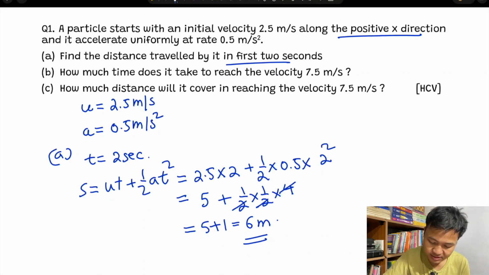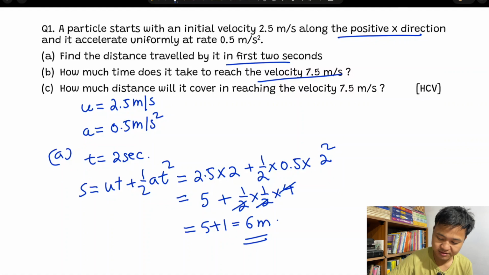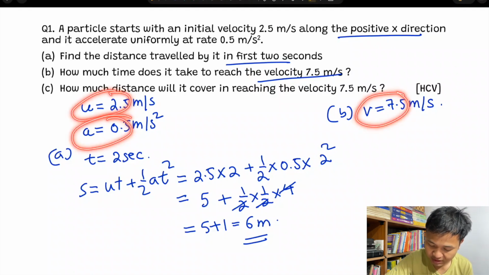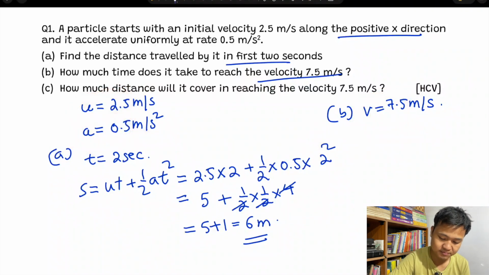How much time does it take to reach the velocity 7.5? Okay, the final velocity is given as 7.5. I will just rub this. Okay, so b part. Here v is given as 7.5 meter per second, and we have to find t, so we use v equals u plus at, right?